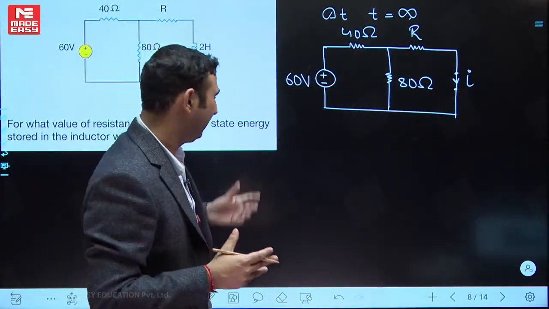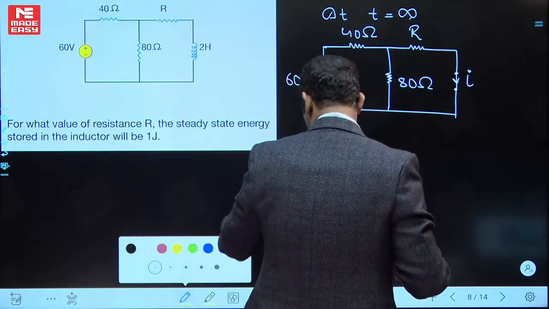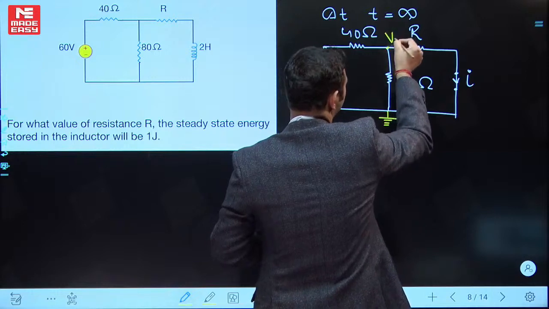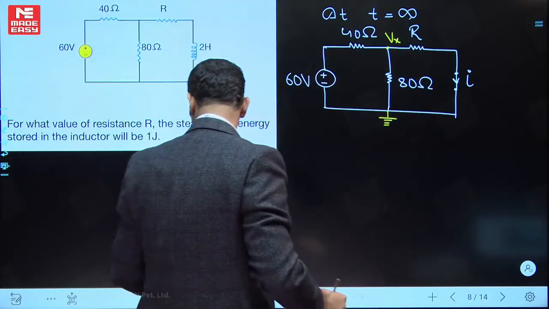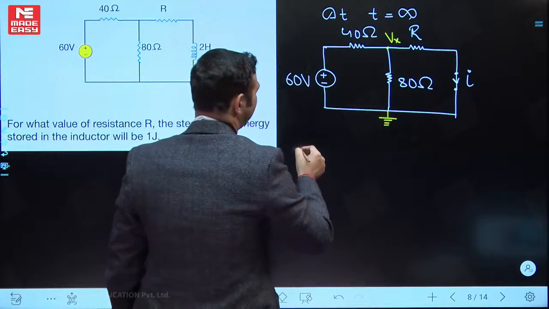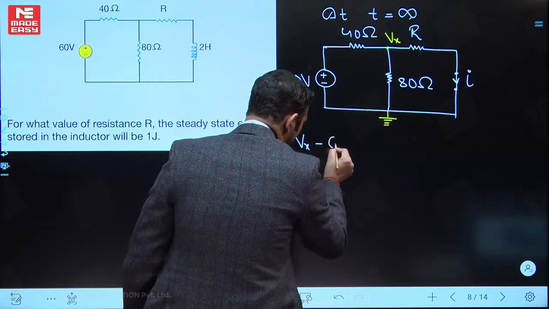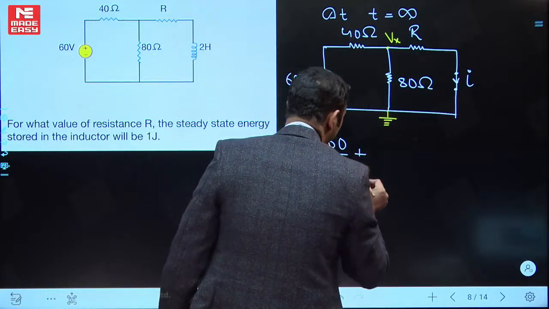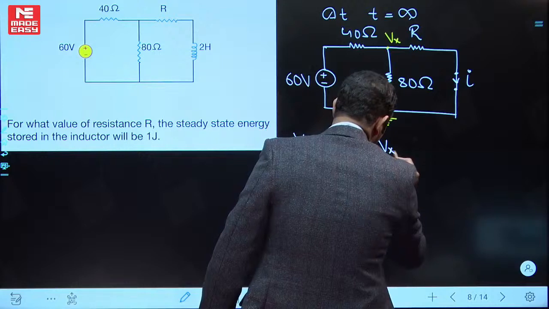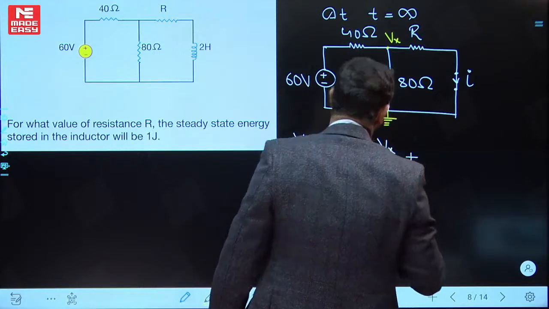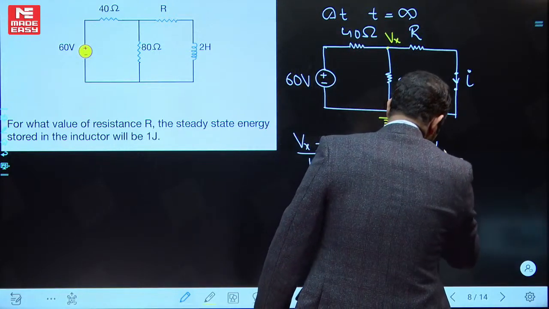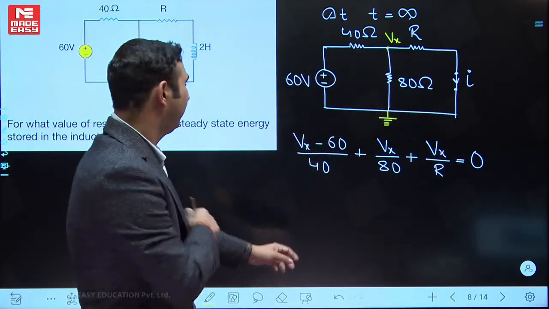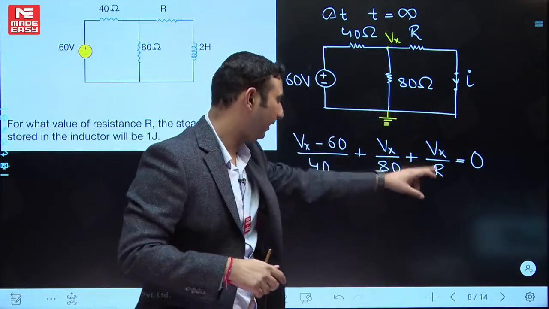How can you approach this? I'm going with the nodal. Let's say this node voltage is Vx. So you can say this will be (Vx minus 60) divided by 40 plus Vx divided by 80 plus Vx divided by R is equal to 0. Okay, (Vx minus 60) by 40, Vx by 80, Vx by R is equal to 0.